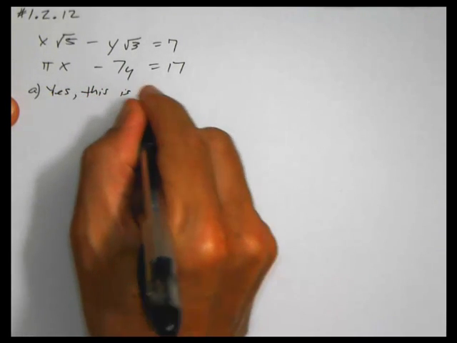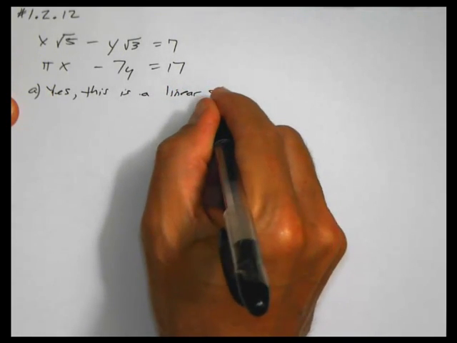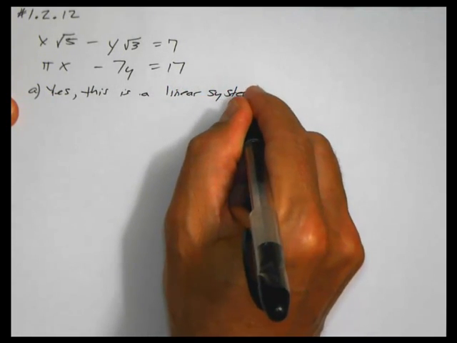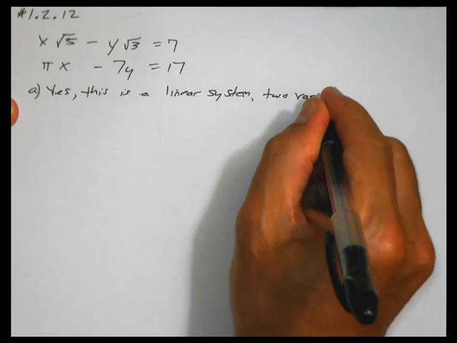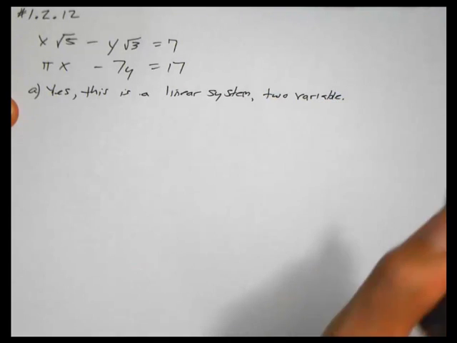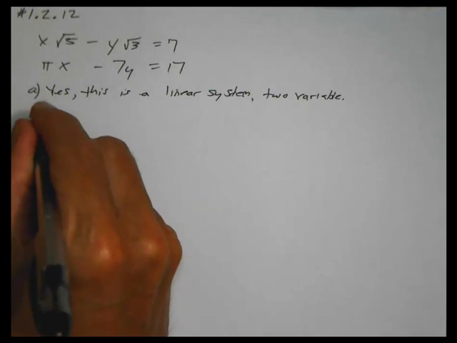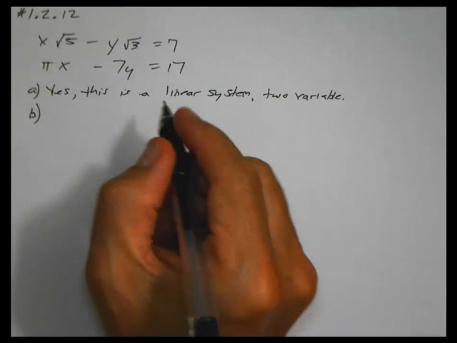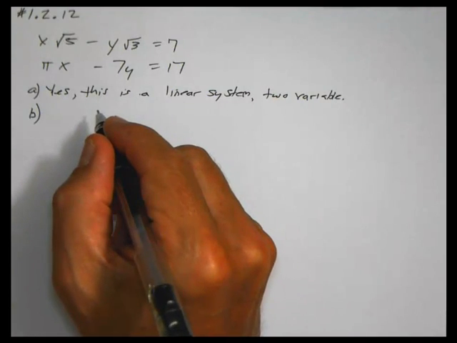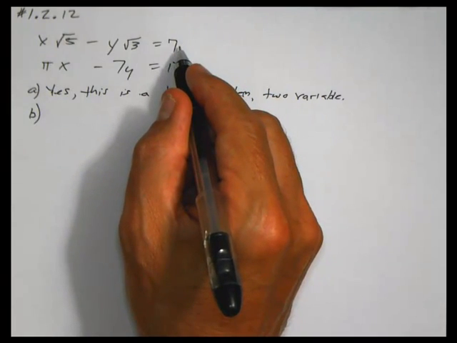Alright, so part A. Indeed, we can say yes. This is a linear system, 2 variables. This means we are to try to solve it with our calculator, bringing us to part B here. Alright, to get this to work, as before, we'll need to take this first equation and solve for y.